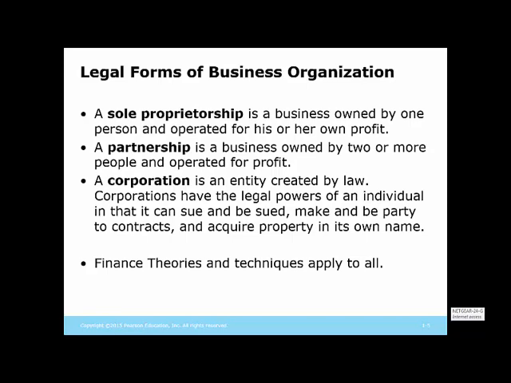So the rules that apply to them are quite frankly, very frequently, very close to the rules that impact us. And again, at the bottom here, the theories, the techniques that we're going to talk about apply to all these different types.